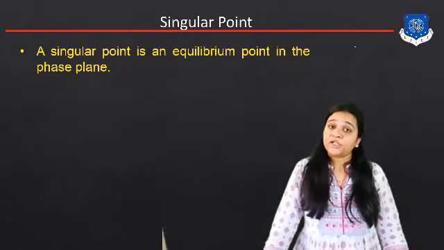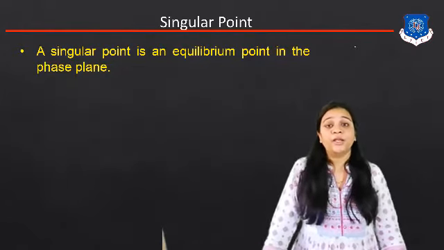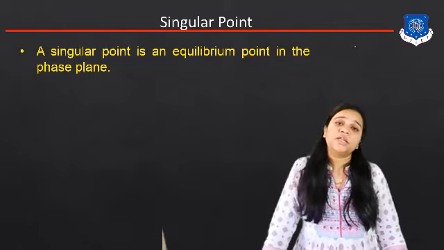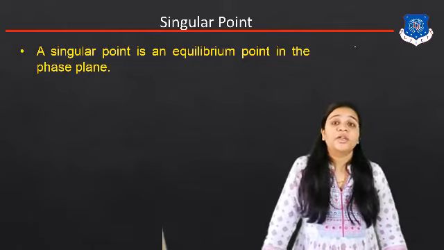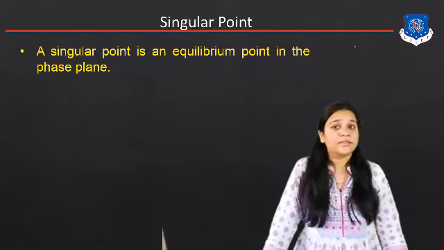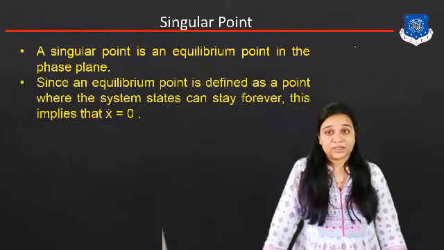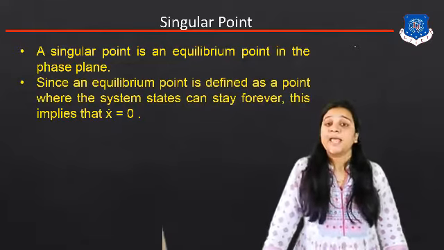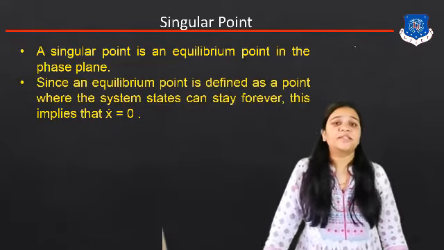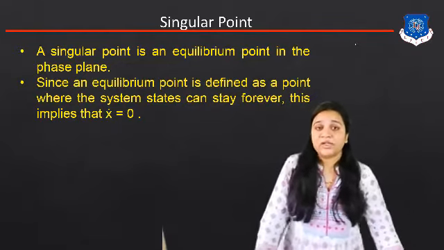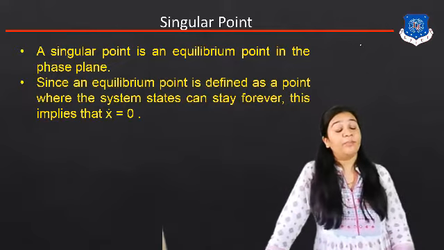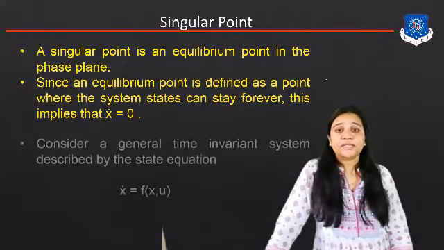The next and most important point that is generally used in non-linear systems is the singular point. A singular point is the equilibrium point in the phase plane system. Since an equilibrium point is defined as the point where the system state can stay forever, this implies that x dot is equal to 0.